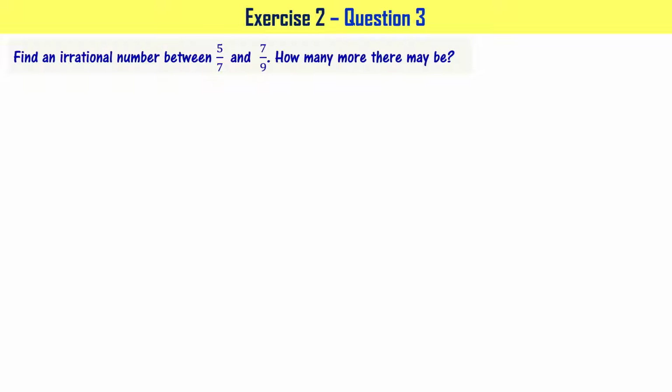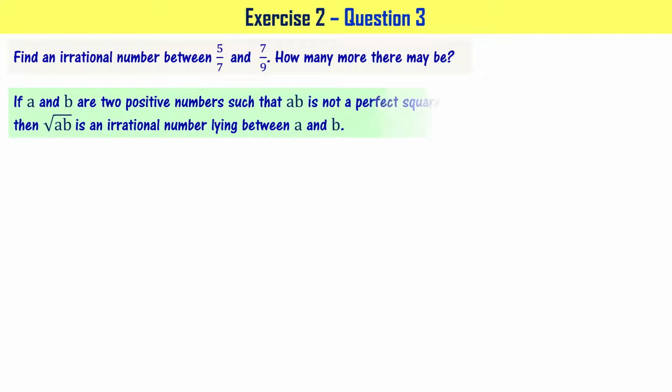Find an irrational number between 5 by 7 and 7 by 9. How many more there may be? Please note that if a and b are two positive numbers such that ab is not a perfect square of a rational number, then square root of ab is an irrational number lying between a and b.